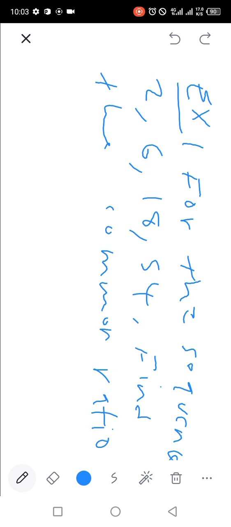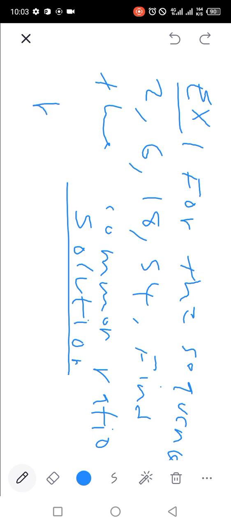So for us to find the common ratio here, we have to say common ratio. Remember, you can indicate these numbers. You can put T1, which stands for term 1, or number 1, term 2, term 3, term 4.